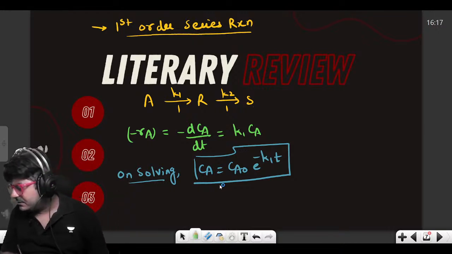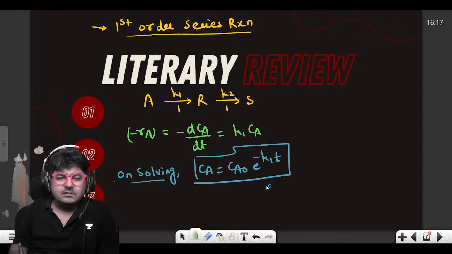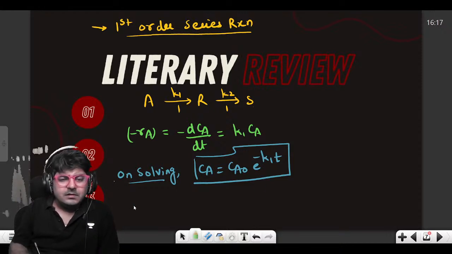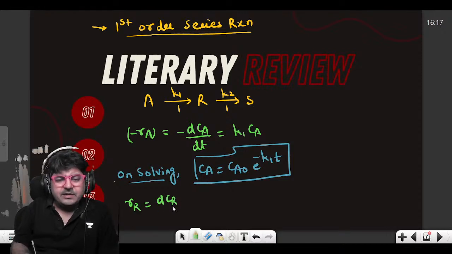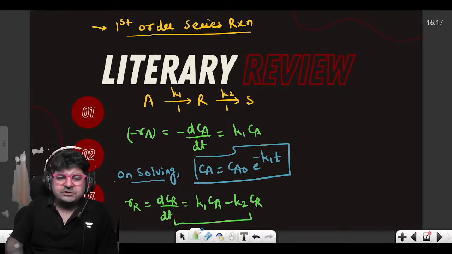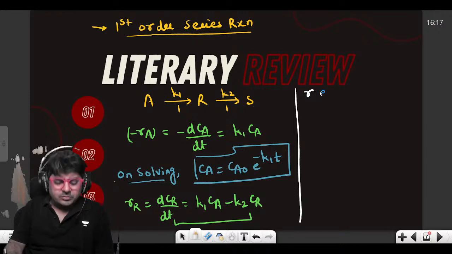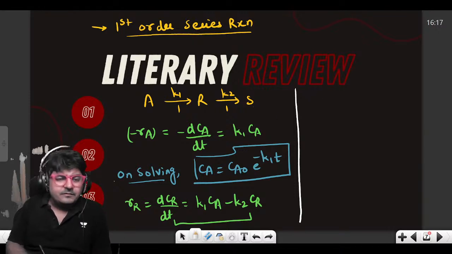Similarly, for R, you can write dCR by dt is equal to K1 CA minus K2 CR. Now, if you have to solve this differential equation, you know how to approach it.